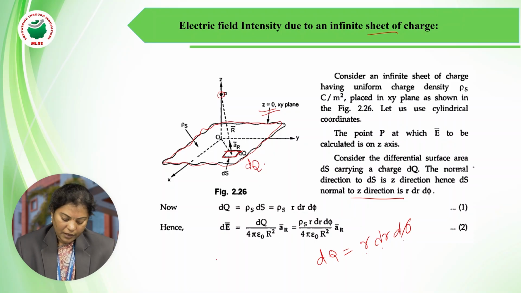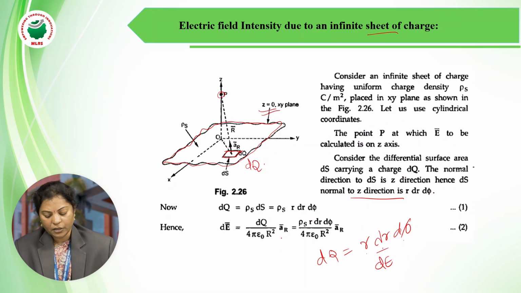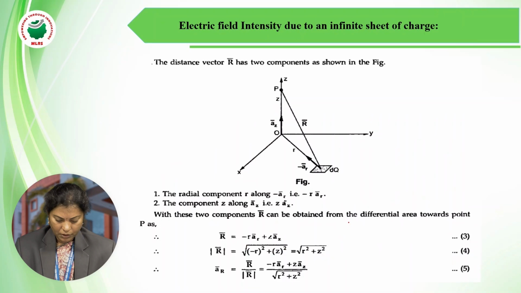So dq equal to rho s into ds, that is r dr d phi times rho s. So next, substituting in electric field intensity, dE equal to dq by 4 pi epsilon naught into r square into ar. So here dq is nothing but rho s r dr d phi by 4 pi epsilon naught into r square into ar. Again we need to calculate the distance vector r.